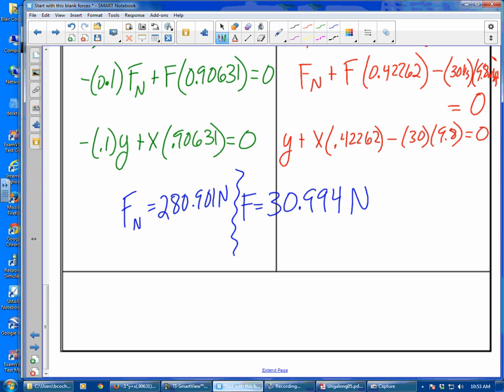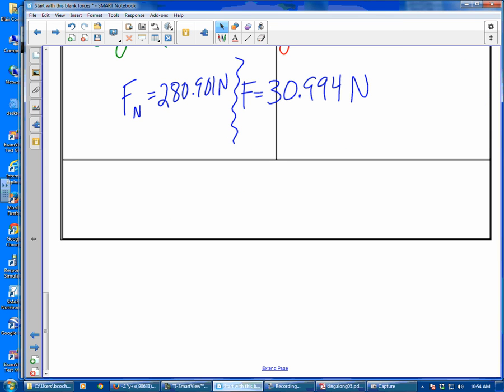So that's kind of convenient, because what I'm looking at for a free body now, let's extend this page, is F cosine 25 degrees, frictional force, and it's accelerating that way.